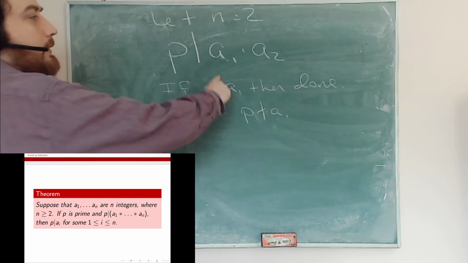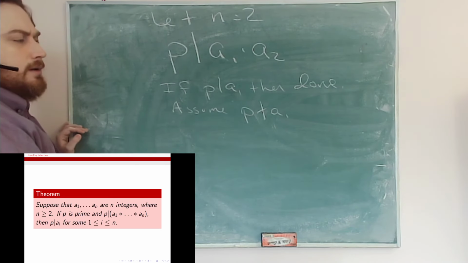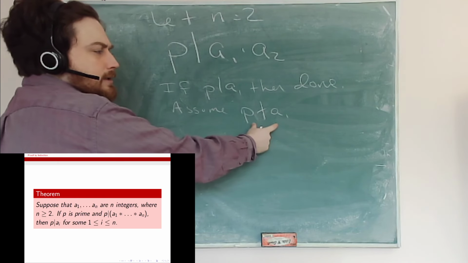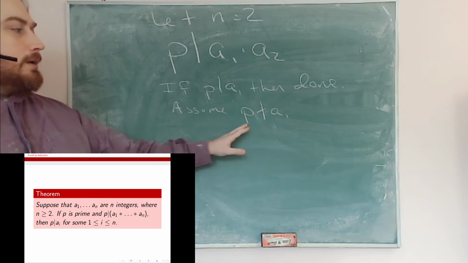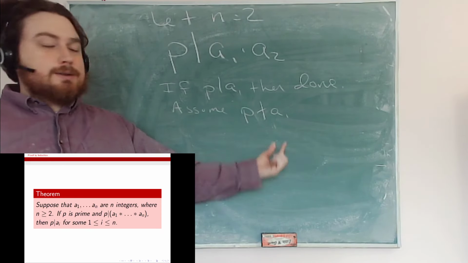All right, now if P does not divide A1, notice that then, what is the greatest common divisor of P and A1? You guys help me out here. Maybe you can give me the answer. P does not divide A1. So what is the greatest common divisor of P and A1?